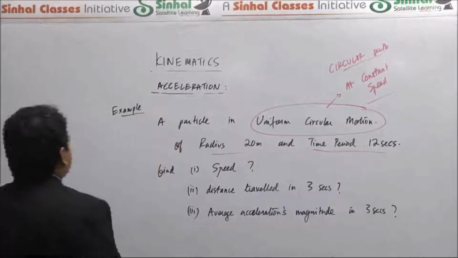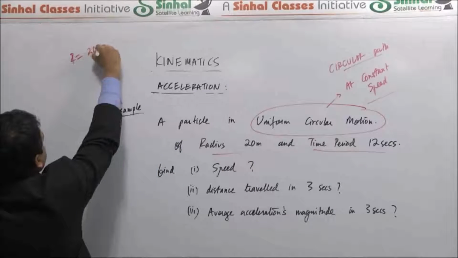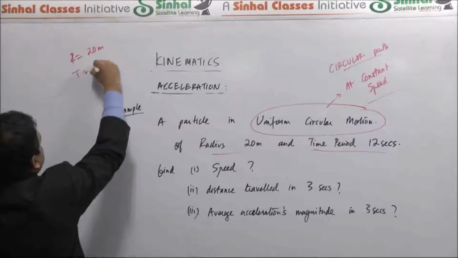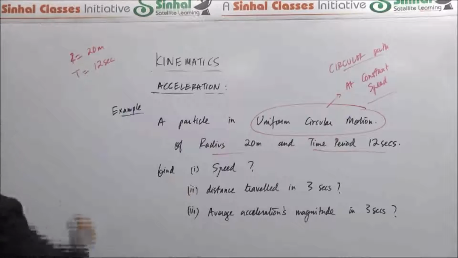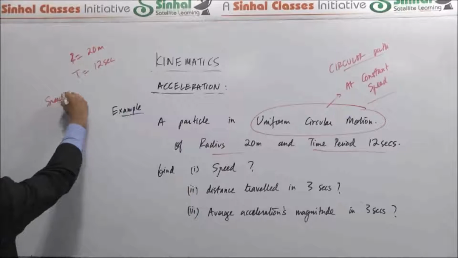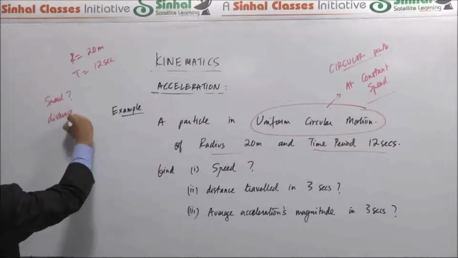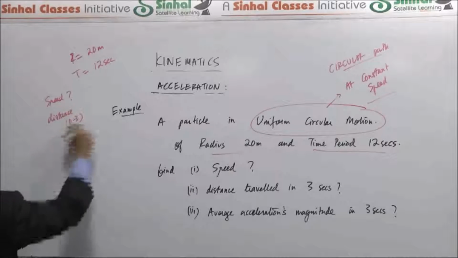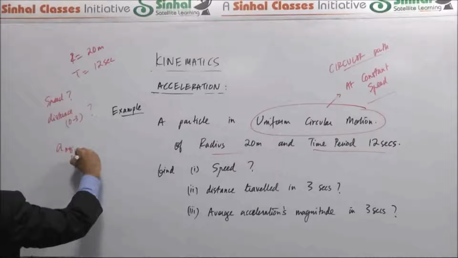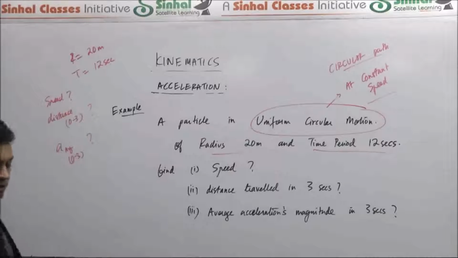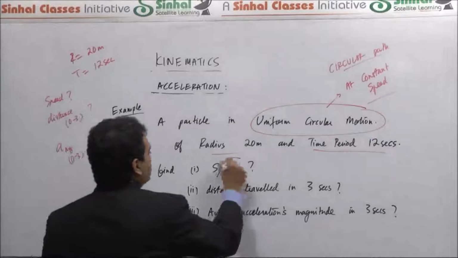Okay. So again, given in the question is that the radius is 20 meters and the time period is 12 seconds. And from that we have to find out the speed, okay, the distance from, let's say, 0 to 3 seconds, and the average acceleration's magnitude in 0 to 3 seconds. Let's say these are the various things you have. Okay. Now, what speed are we talking about here?